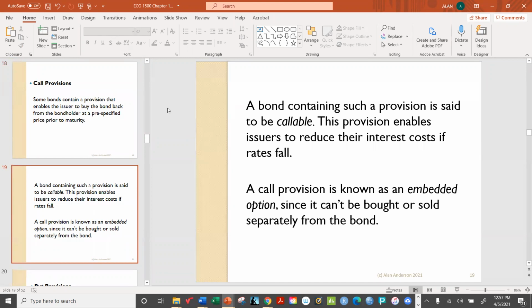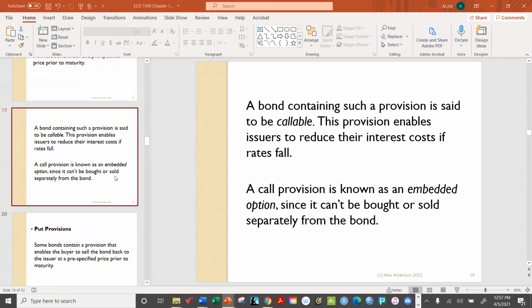They're willing to pay a premium in order to refinance at a lower rate. Exactly. They're saying, listen, rates are dropping. Why should we keep paying such high interest rates if we can have the ability to repurchase these bonds, and then we can issue new ones with a lower coupon rate? And this is what they do to protect themselves from falling interest rates. So most corporate bonds are callable.